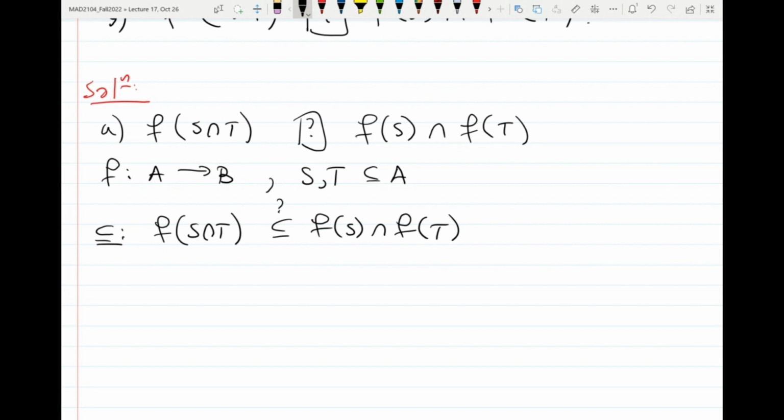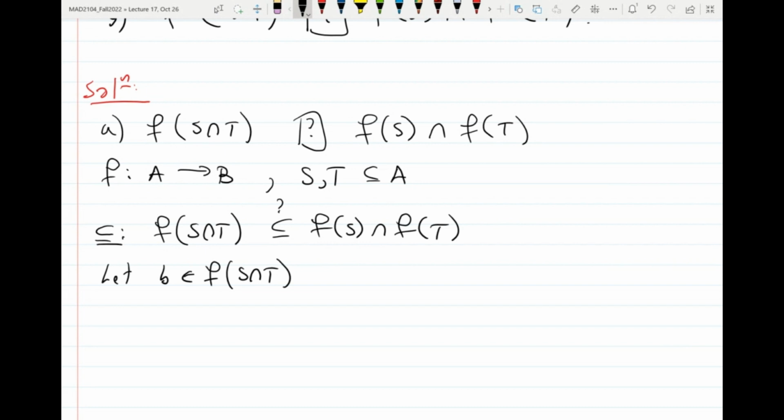I'm going to start with an element over here and argue that it belongs on the other side. Because that's a subset of B, I'm going to use lowercase. So let lowercase b be an element in the image.